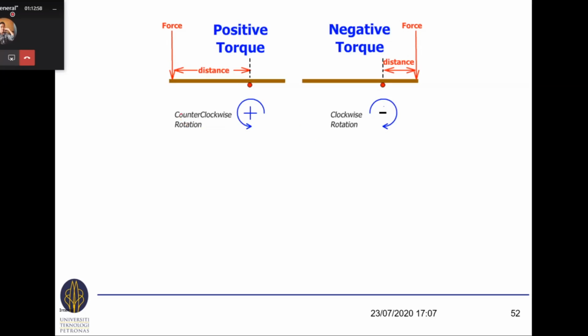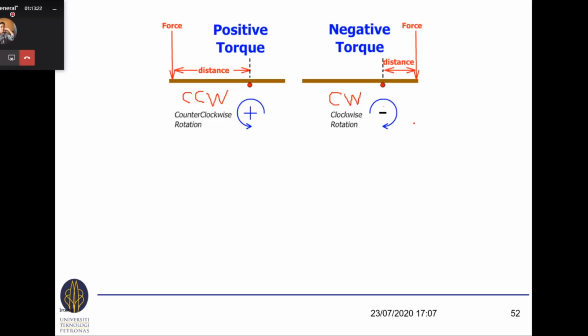You call it counterclockwise rotation, which I normally write as CCW, and clockwise rotation, which we normally write as CW. Please remember, positive torque is CCW, negative torque is CW, referring to counterclockwise and clockwise direction.